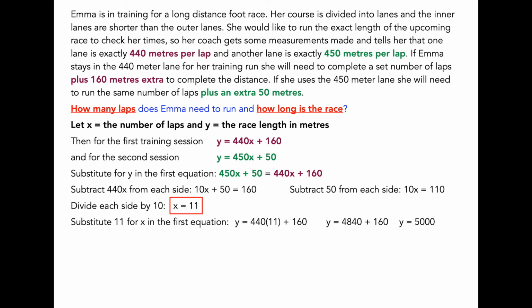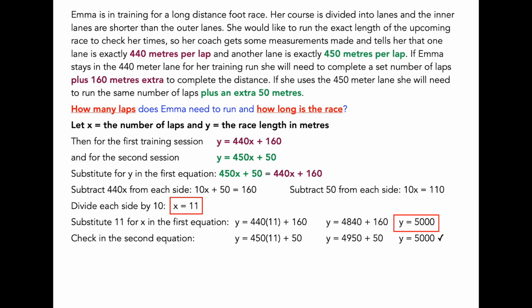And 4,840 plus 160 gives us y equals 5,000. So that's the value of our second unknown. y equals the length of the race, 5,000 meters.